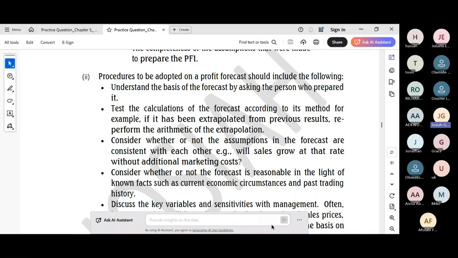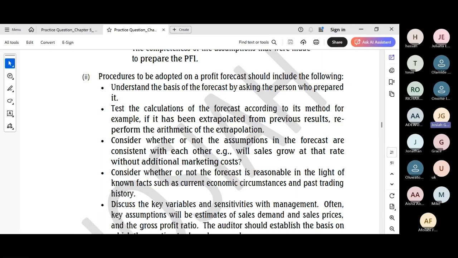So points should include things like checking calculations, assessing the consistency of assumptions, performing sensitivity analysis, comparing the forecast to other available data like the company's past performance, and use a separate well-defined list for this part to show that you understand the distinction. So we'll generally cover the syllabus. When we come to this part, we'll re-examine and speak to this question on that PFI topic.